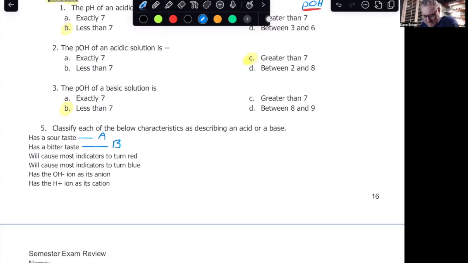Most indicators will turn red in the presence of an acid and turn blue in the presence of a base. You may recall that from our lab. And finally, very important, an OH anion tells you you have a base, and an H+ cation, in other words, starting with H+, that's going to be your acid. This is our rarest definition.